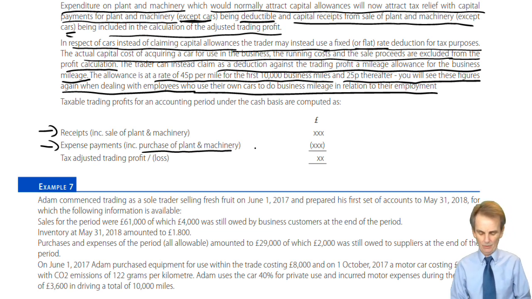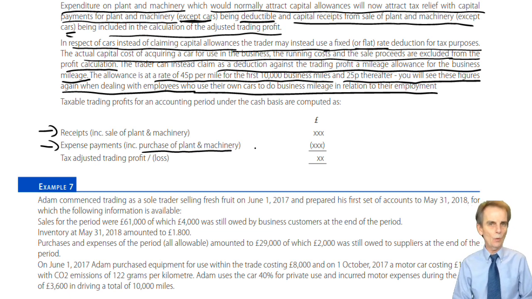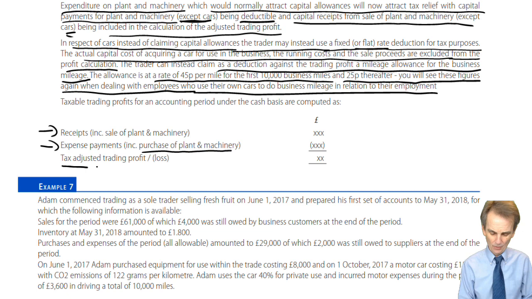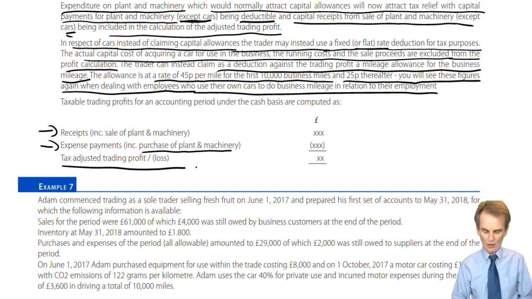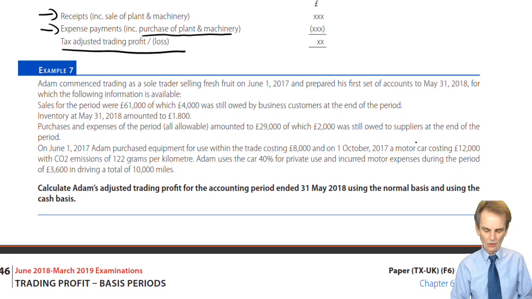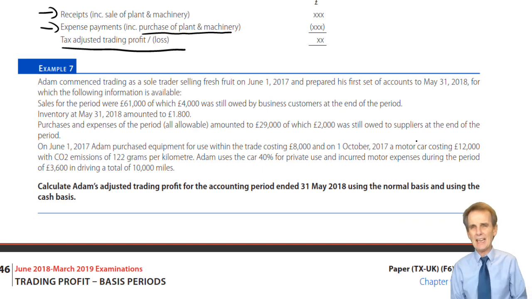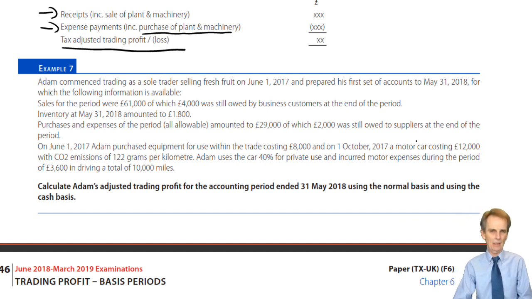Here, of course, excluding cars. The expense payments also would then include the business mileage allowance in relation to any business mileage done by the individual in his or her own car. And that gives you a tax-adjusted trading profit, or indeed loss figure. So again, a much, much simpler basis.